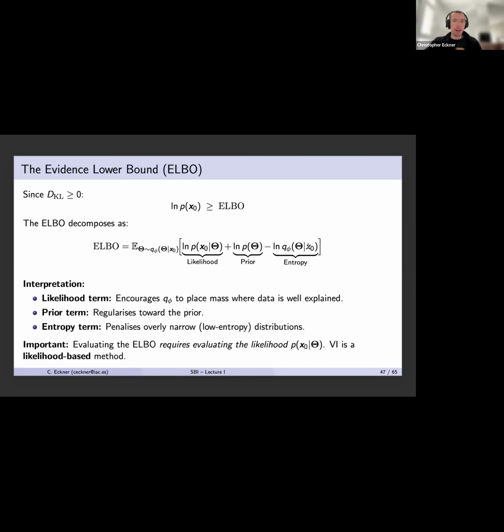It penalizes overly narrow, low-entropy distributions. So you want something that's broad and not a super condensed posterior distribution. But as I said, this is about evaluating a likelihood function, so it is a likelihood-based method and should be seen as such.